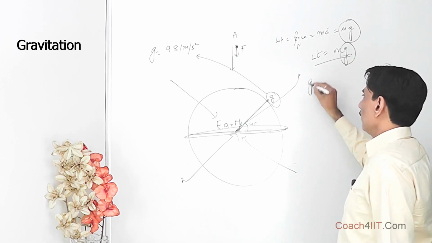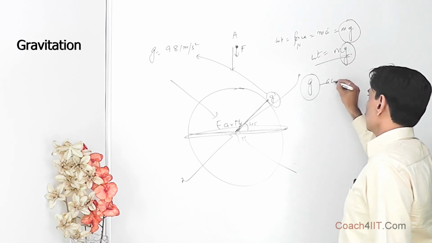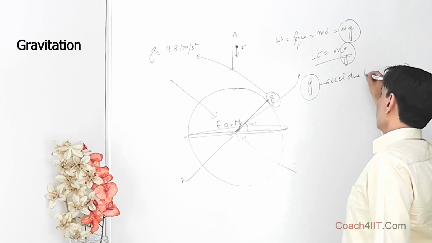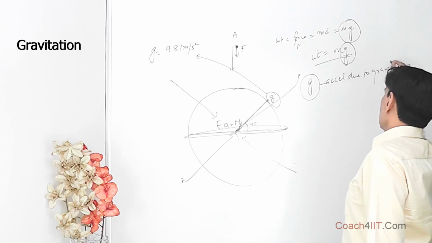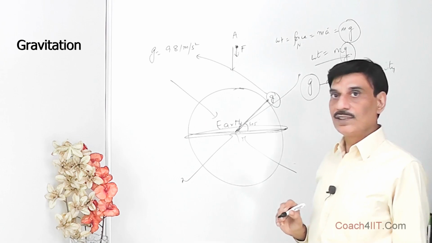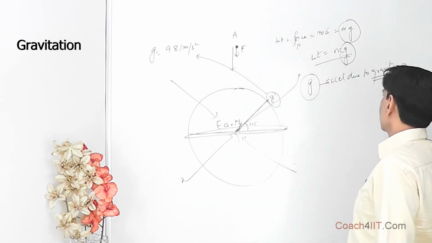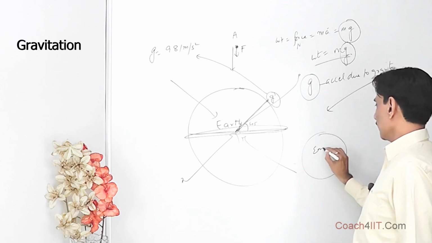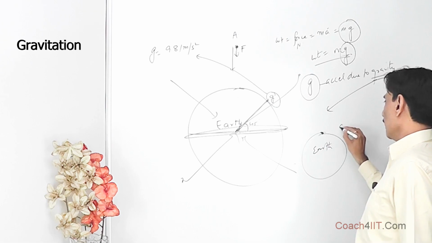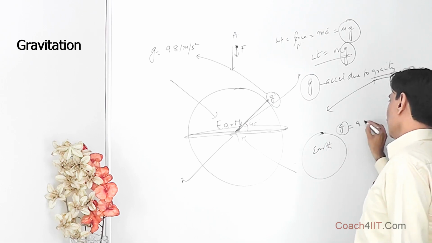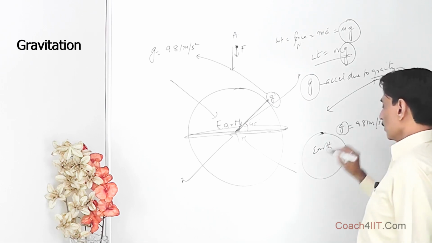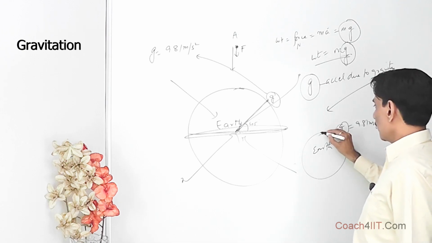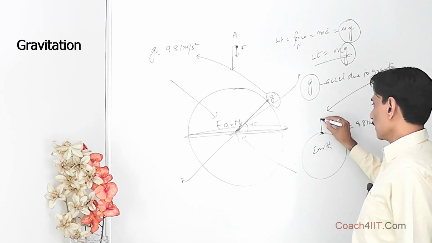This acceleration due to gravity, we understand in this chapter that it varies. If this is Earth, and at the surface we have the value g, suppose we take it as 9.81 meter per second square, this value changes as we go up from the surface.